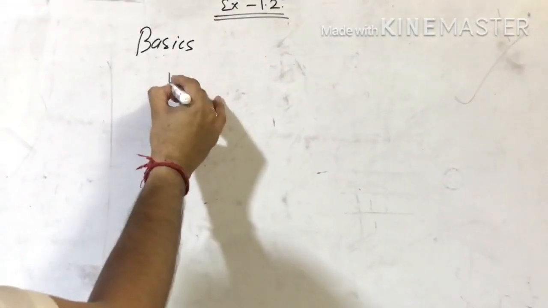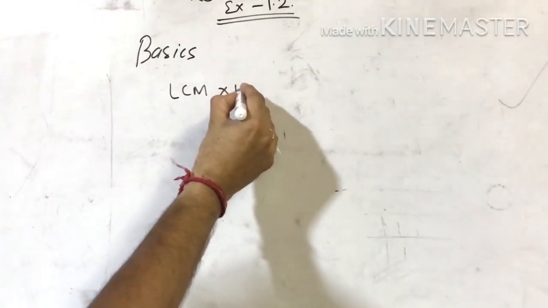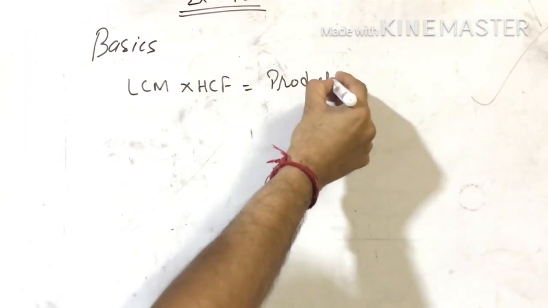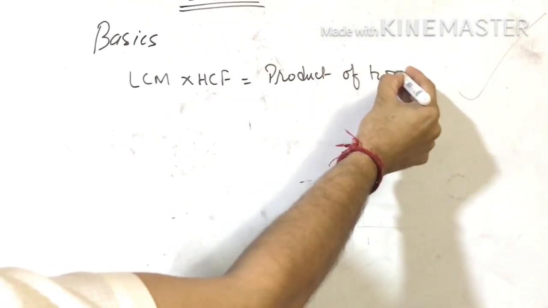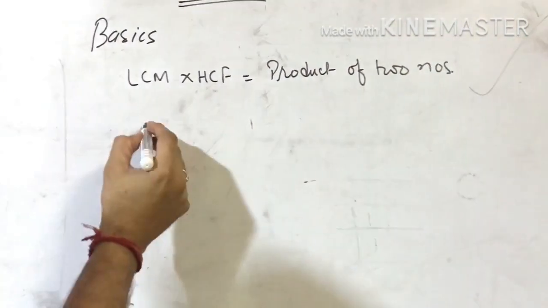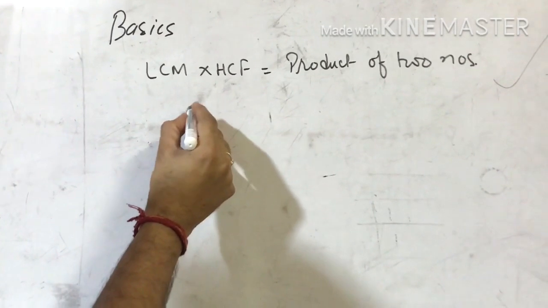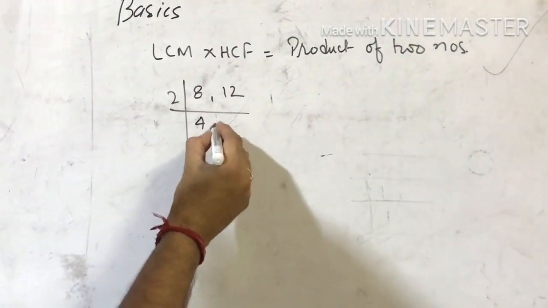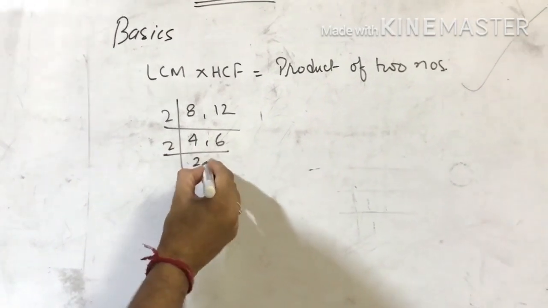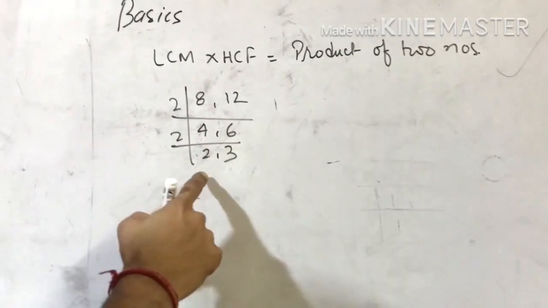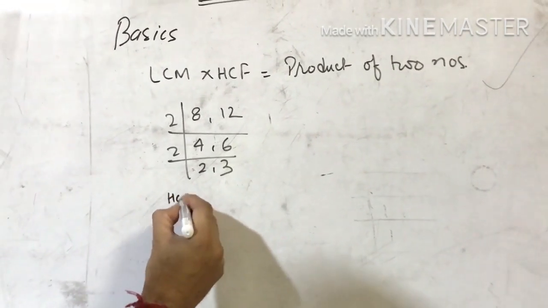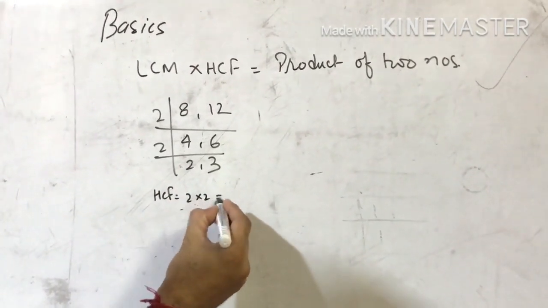There is a formula: LCM into HCF is equal to the product of the two numbers. Suppose you have 8 and 12. Now you cannot divide anymore with a single number, so HCF will be 2 into 2, which is 4.